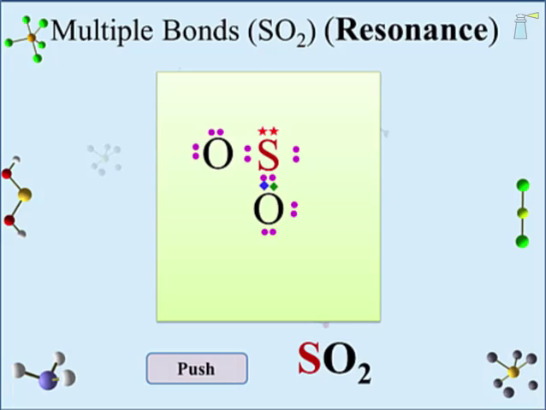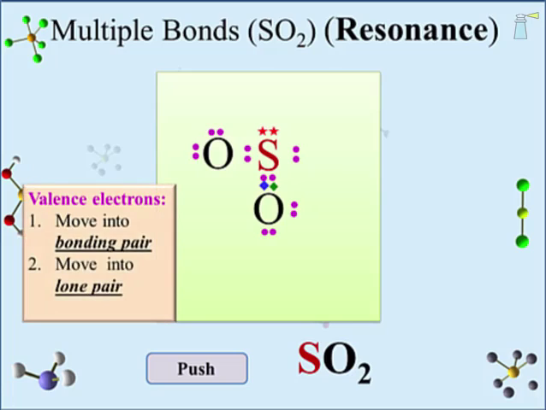But with which electrons? Well, where are the problems? Sulfur has too many, and the oxygen on the left has too few. Whatever we do, it will involve moving pairs of electrons. What if we move the star electrons on the sulfur to the oxygen with just 6 valence electrons? Should we move them into a bonding position?